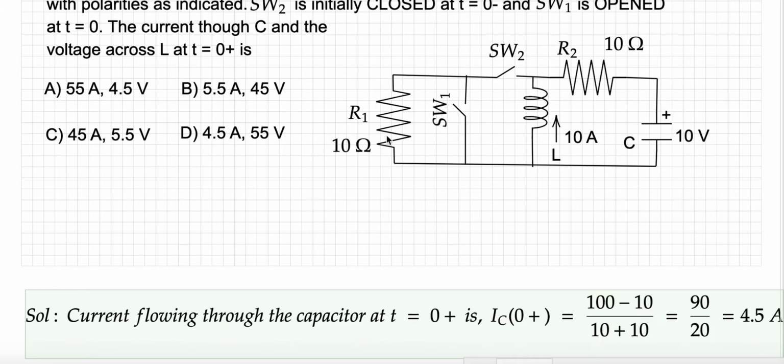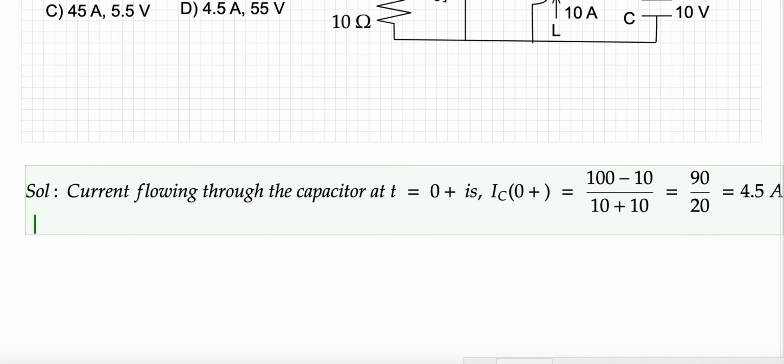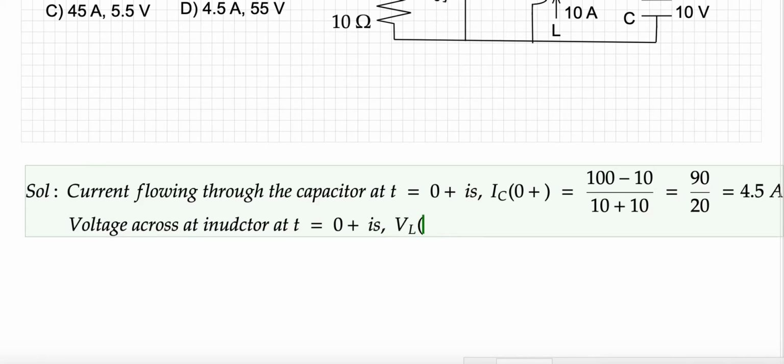So 100 minus 45 is 55. That is the voltage across the inductor. Let me write that also. The voltage across the inductor at that instant, not at every instant, at t equal to 0 plus, is VL(0+), equal to what?